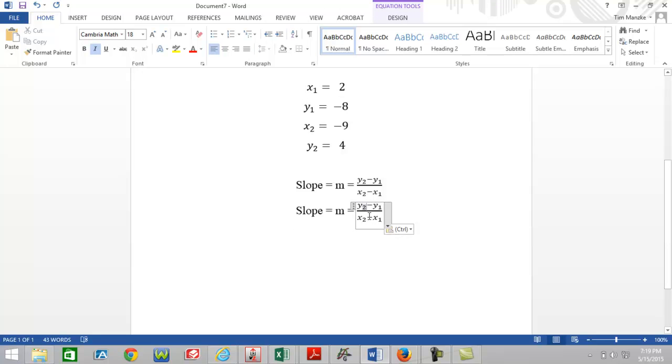So for y2, I'm going to replace that with a 4. My y1 value, I'm going to replace that with a -8. My x2 value, I'm going to replace that with a -9. And then my x1 value, I'm going to replace that with a 2.